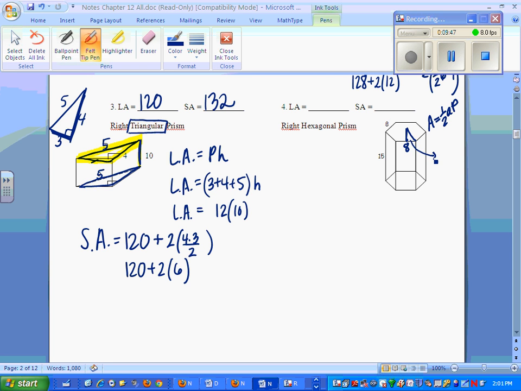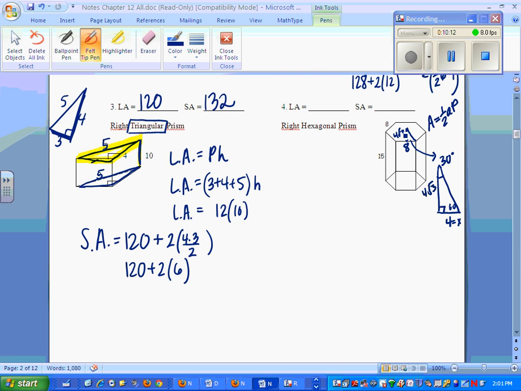If I pull out this triangle, I know this is a right triangle, half of 8 is 4, the top is 30 degrees, and this is 60 degrees. There's my x. X root 3 goes here, so 4 root 3 is my apothem. I need that to find the area of the base.